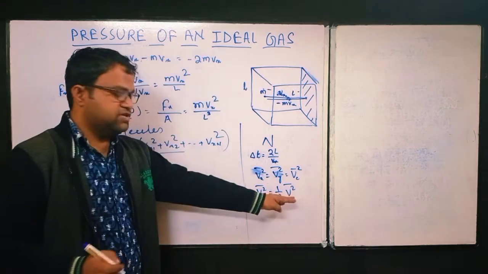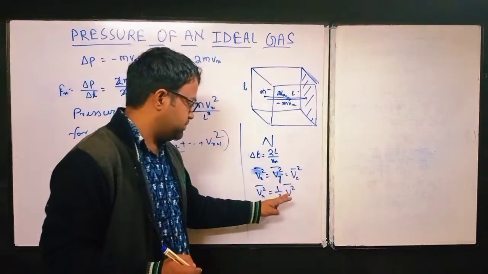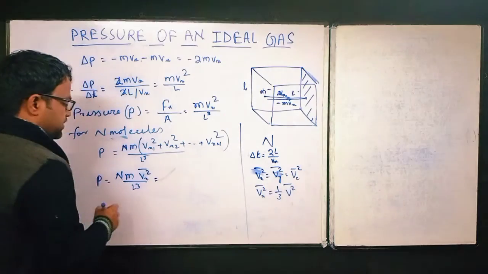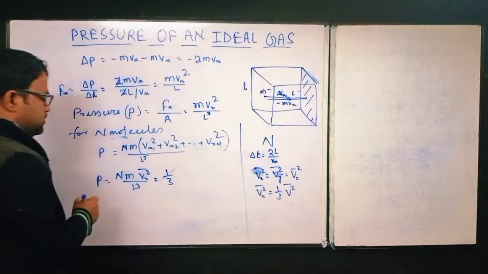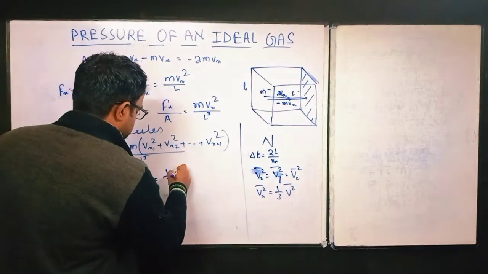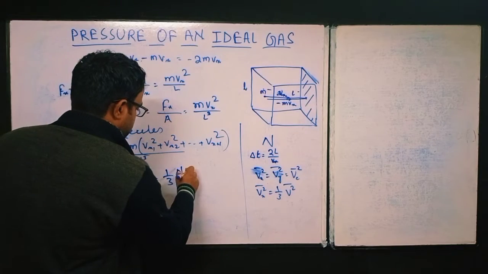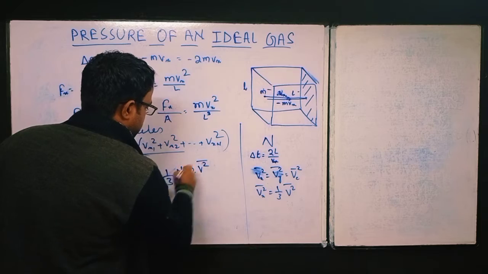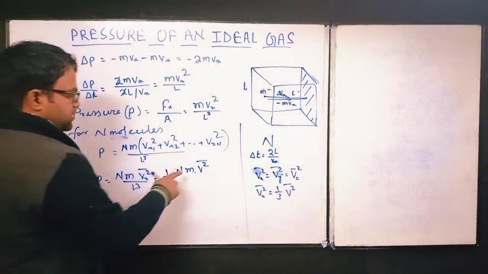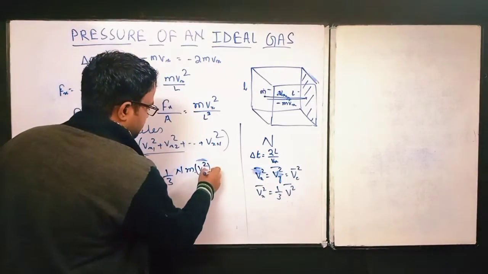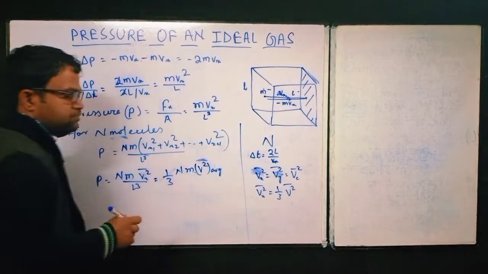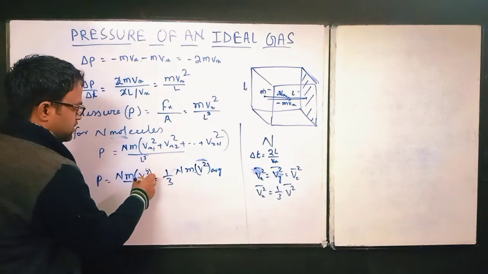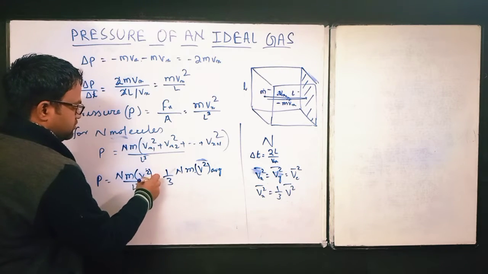V consists of vx, vy and vz. So we can write it as one third of n m V square average.